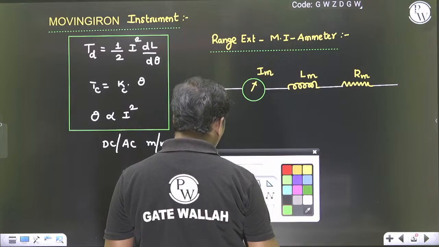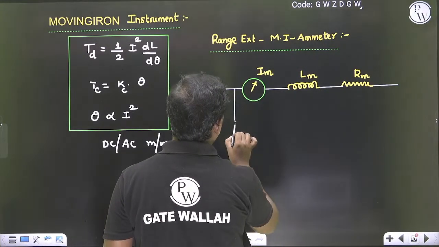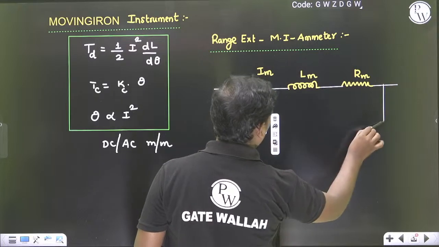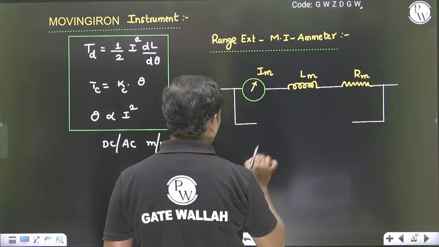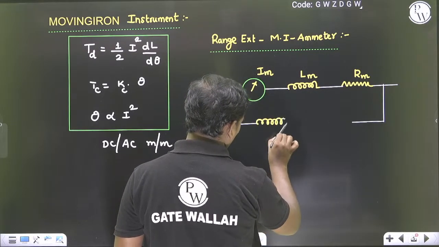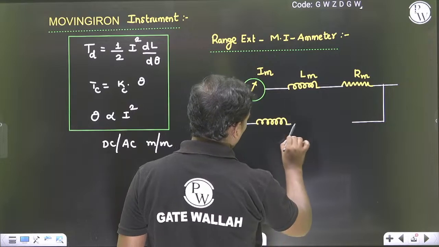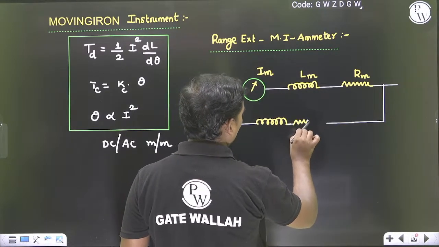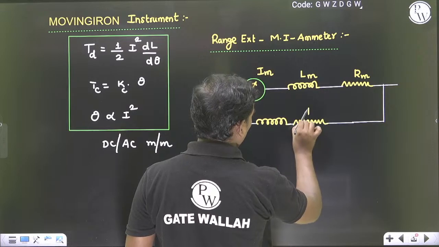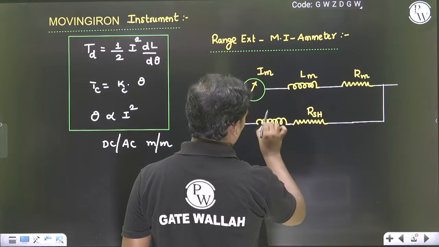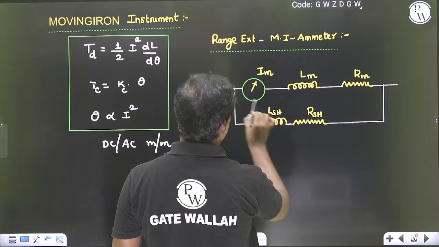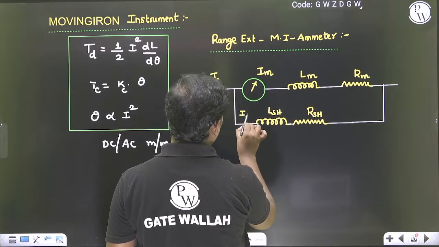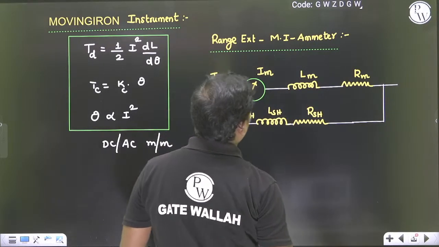In parallel, we are going to attach LSH and RSH. This is the I, this is the ISH, and this is the Im.